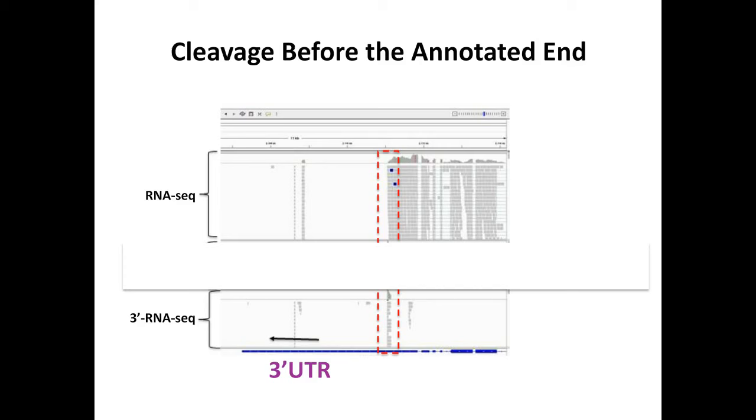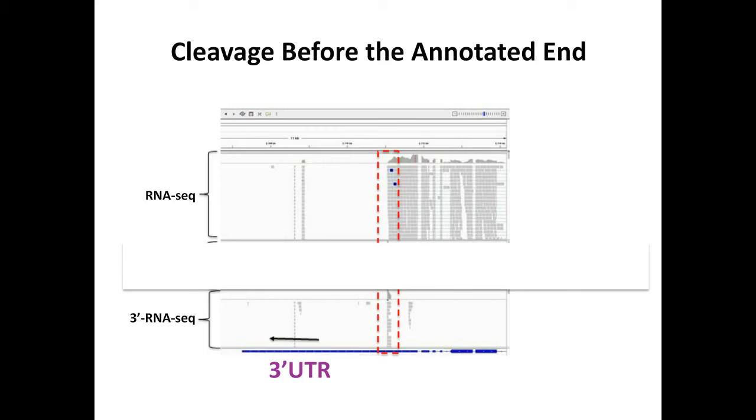So, continuing with the example that is opposite to the one I showed, here we have a 3' UTR that ends here. In this case, the gene direction is from right to left. It is on the minus strand.